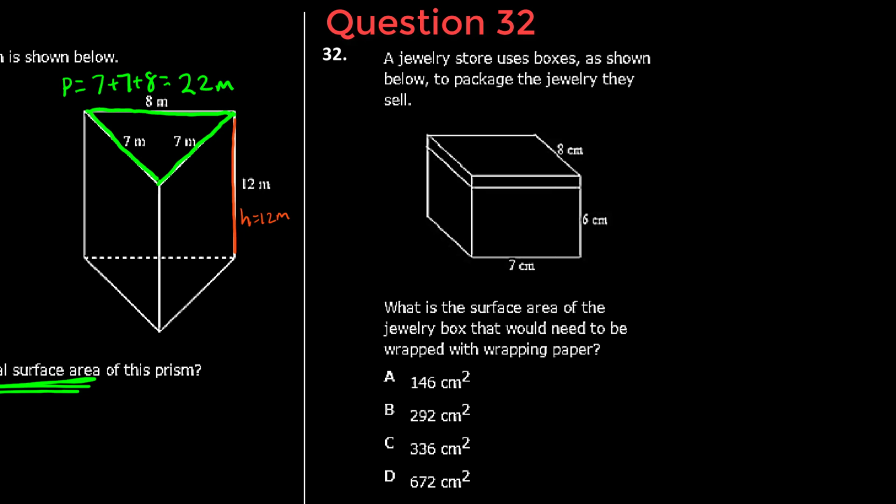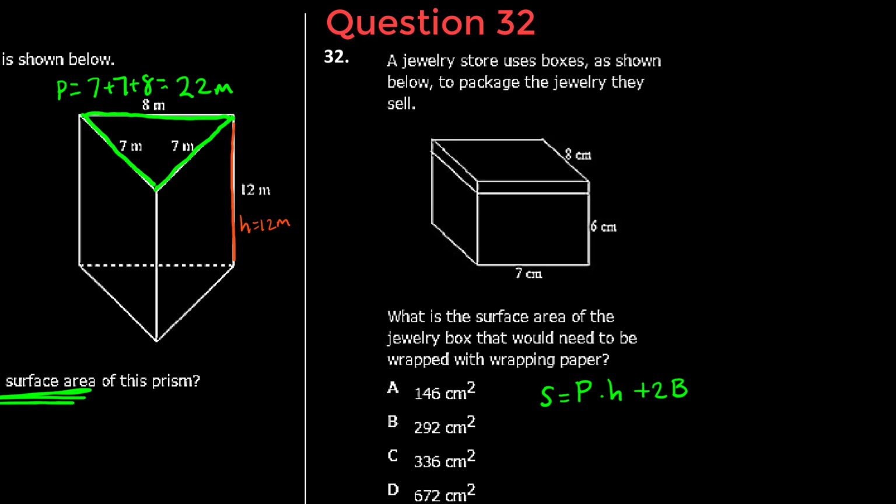Question number 32 is asking us to find the surface area of a rectangular prism. The total surface area of a prism is found by the formula S equals pH plus 2b, where P is the perimeter of the base, which is 7 plus 7 plus 8 plus 8, 30 centimeters in our case.